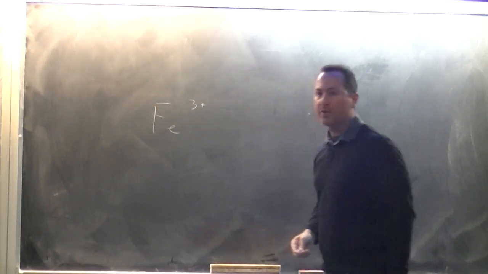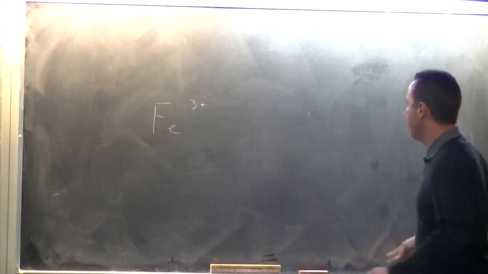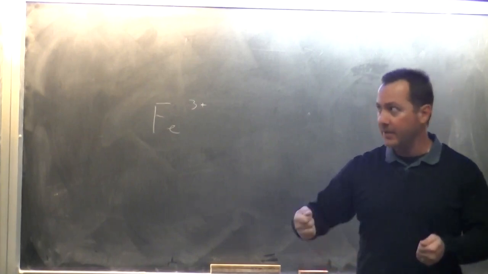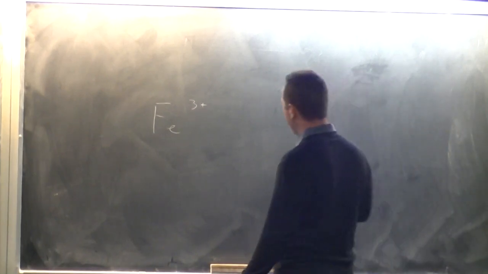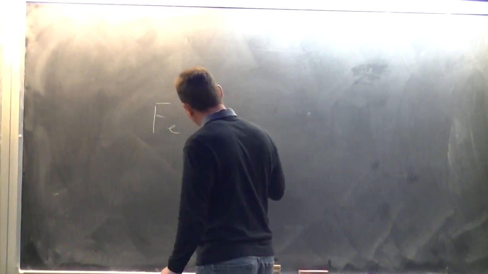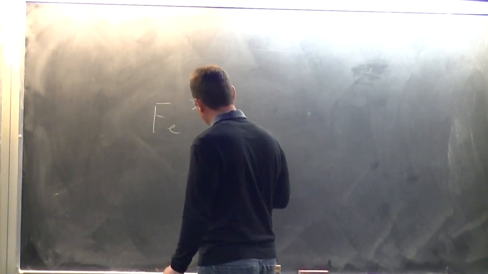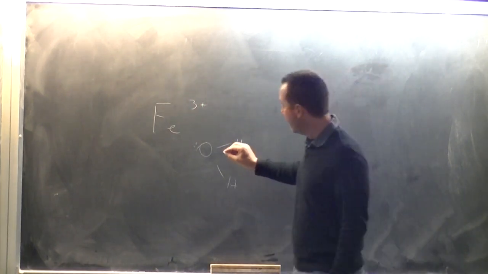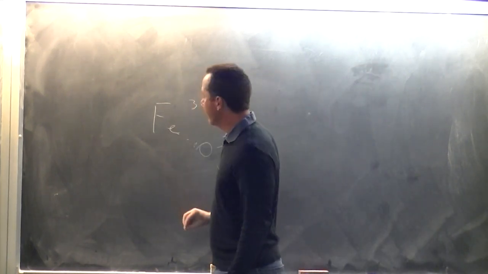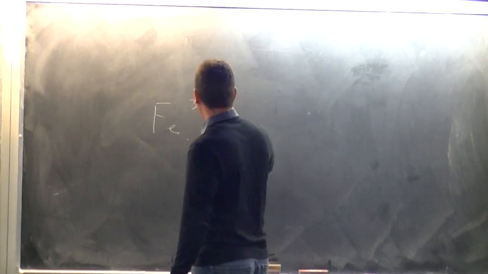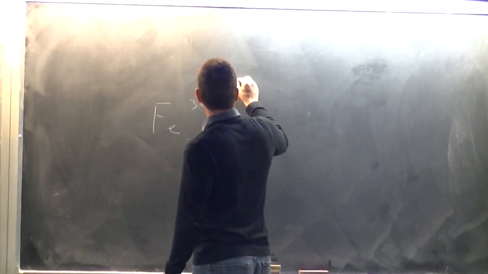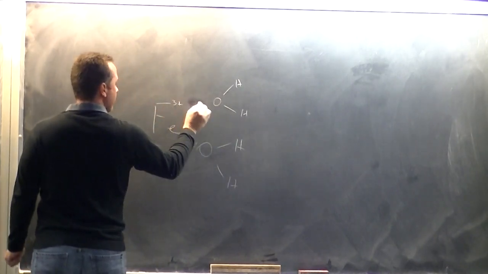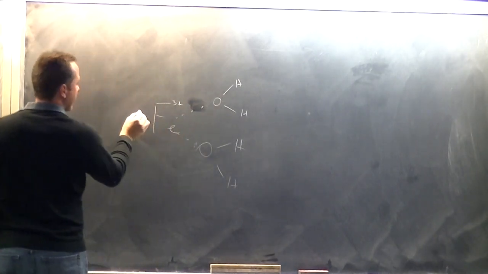When you dissolve the iron 3 cation in water, basically it is not just like that there. Water molecules point their non-bonding electrons toward iron, and will coordinate iron octahedrally.